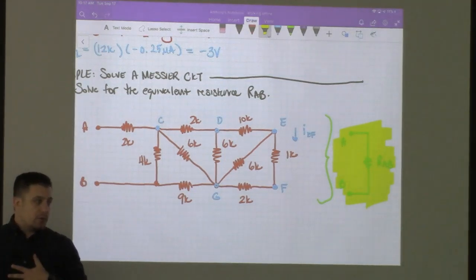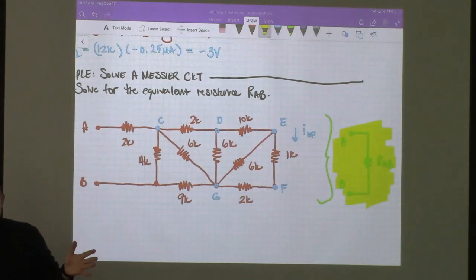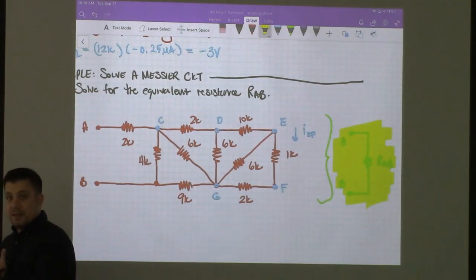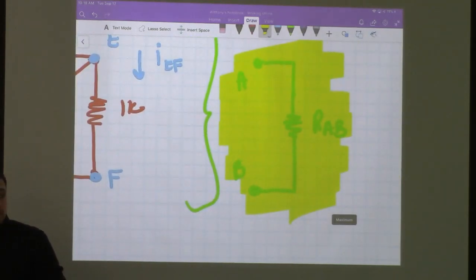From any external circuit's point of view, that's what the resistance is. It doesn't care if it's made up of 100 resistors in a weird fashion. It doesn't matter if it's in this configuration right here. It doesn't matter if it's just a single resistor RAB.